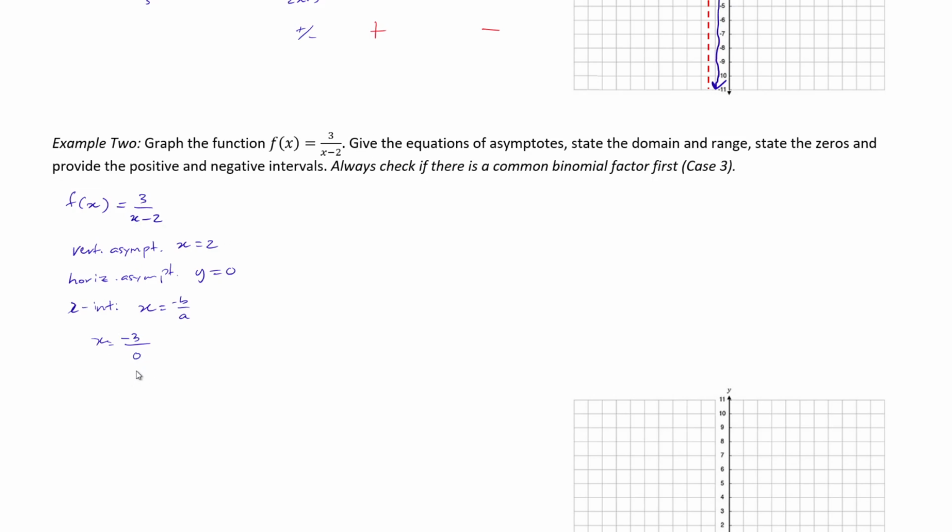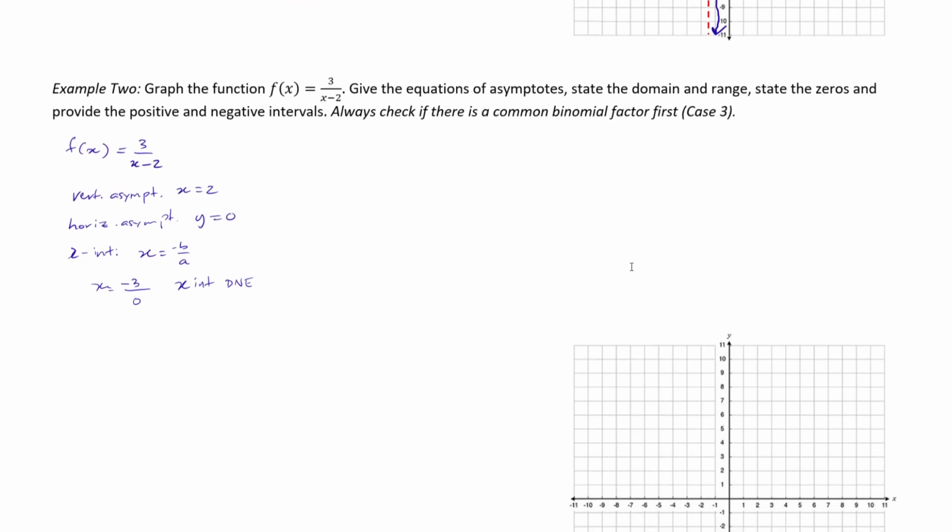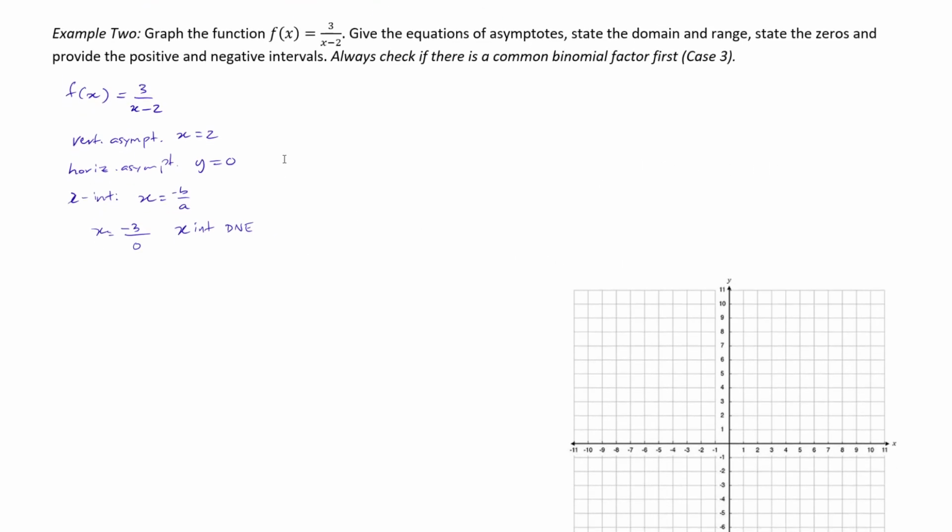Oh, wait a minute. I've got negative 3 over 0. Well, the x-intercept then does not exist. And that makes sense, because if I have a horizontal asymptote at y is equal to 0, that means my function will never cross the x-axis. So I do not have an x-intercept.